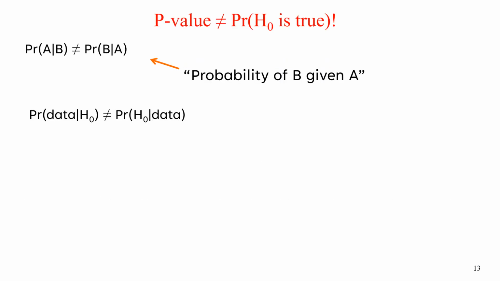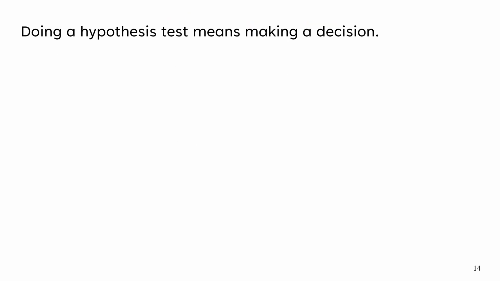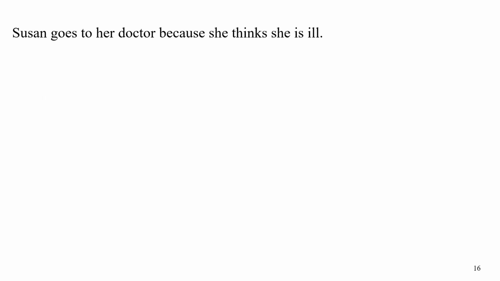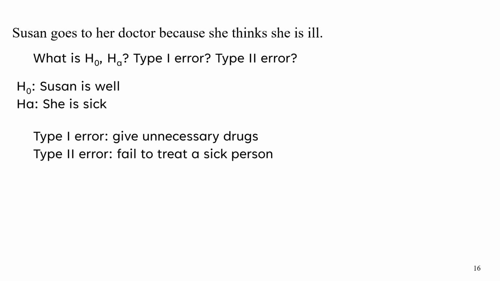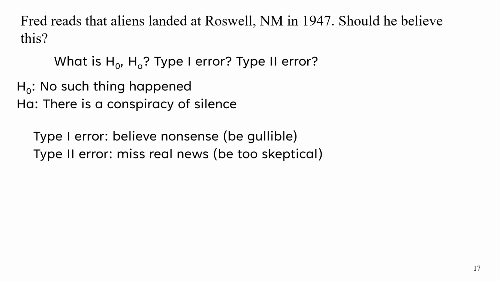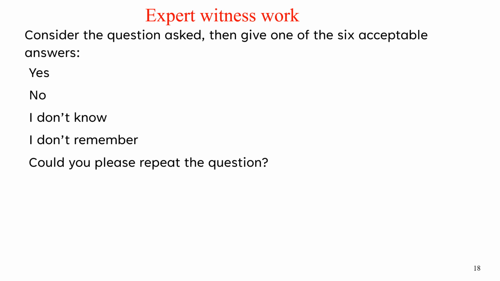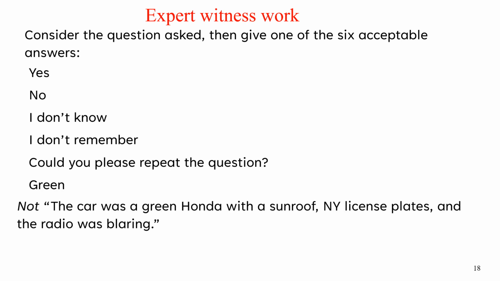Value given alpha. In this example, consider the question asked, is the given one acceptable, answer yes or no. Green Honda with a sunroof, New York license plates, and radio blaring.